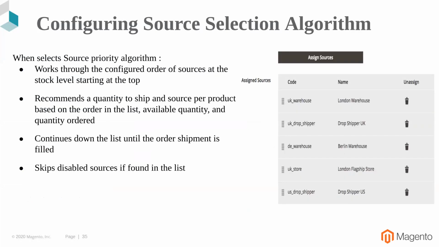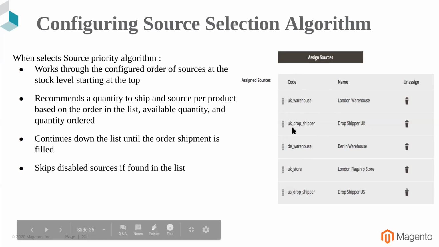As you might remember, when we add stocks, we assign sources to that stock. I told you that we can assign multiple sources to a stock and change the priority using drag and drop. If you see this screen, my UK warehouse currently holds the highest priority amongst all warehouses.